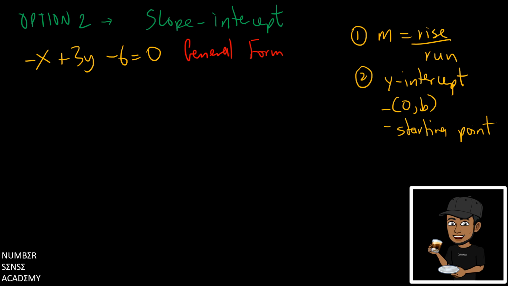So let's do that. I need to get y by itself, so I have 3y. And I'm going to bring the x to where the 0 is. So that becomes positive x. And then the 6 also to the other side. That becomes positive 6. But y is not alone. There's a 3 in front, so I have to divide everything by 3.